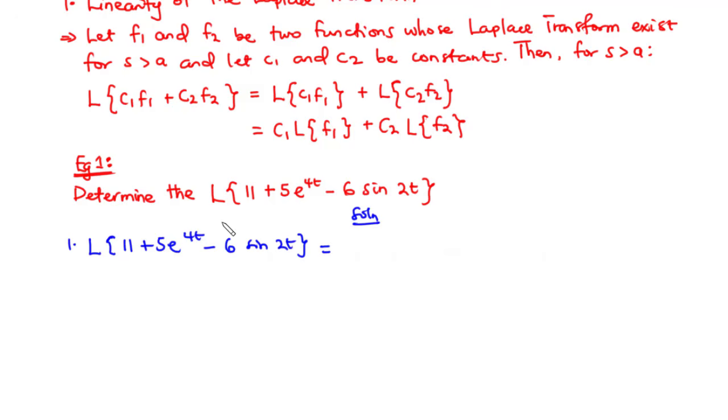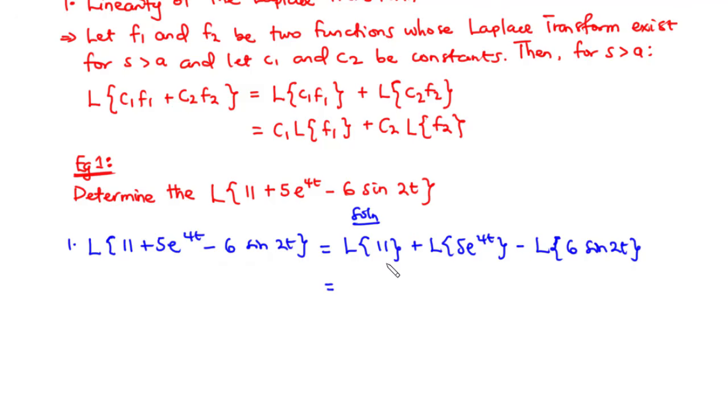So that is equal to, we are going to split this Laplace transform into three transforms. So we have the Laplace transform of 11 plus the Laplace transform of 5e to the power 4t minus the Laplace transform of 6 sine 2t. So that is equal to, now we are going to treat 11 here.